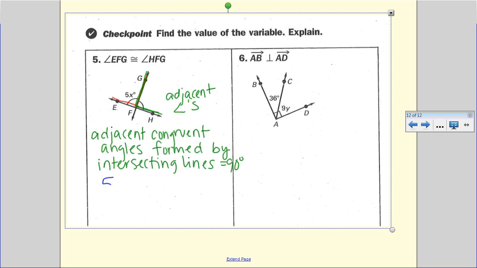So that means 5x is equal to 90 degrees.